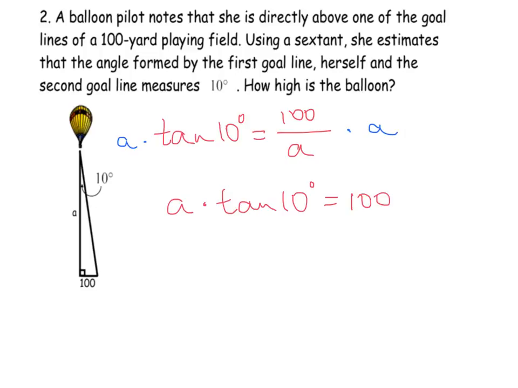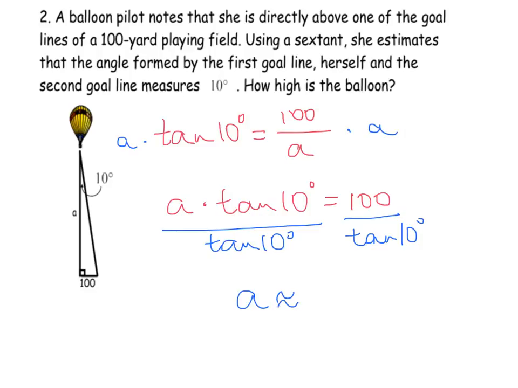So if I divide both sides by the tangent of 10 degrees, then I'm going to get the answer for A. So A will be approximately 100 divided by the tangent of 10 degrees. So A will equal approximately 567.13 yards.